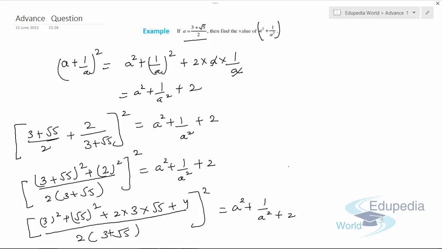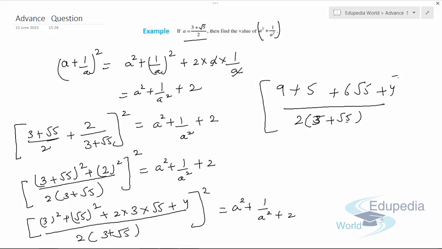plus 2. So what we can do further is, 3 square is 9 plus under root 5 square is 5 plus 2 into 3 into under root 5 is 6 under root 5 plus 4 upon 2 into (3 plus under root 5) whole square, which can be written as a square plus 1 by a square plus 2.